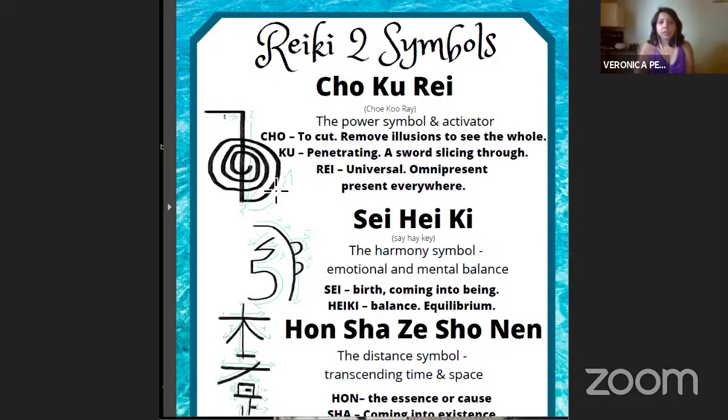The meaning is to cut, to remove illusions, to see the whole, penetrating, a sword slicing through, and then Ray, universal, omnipresent, present everywhere. So it kind of matches what the symbol's doing. It has a cut and then that omnipresent, universal flowing through.